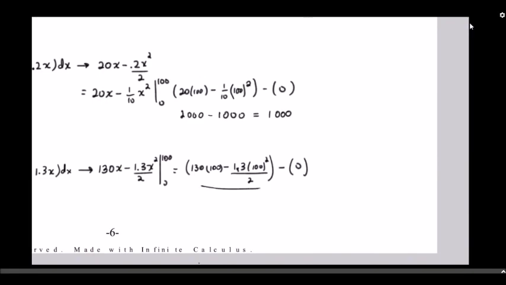Now calculating the value of this, 130 times 100 is 13,000. And then here, 1.3 times 100 squared. 100 squared is 10,000. If you multiply 10,000 by 1.3, you get 13,000. 13,000 divided by 2 is 6,500. And 13,000 minus 6,500 equals 6,500.